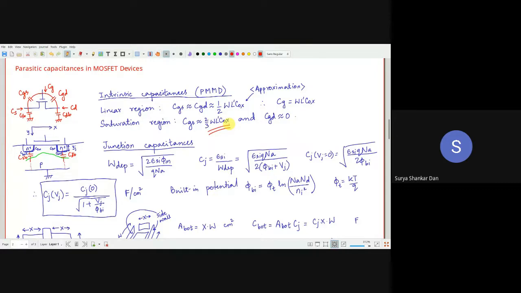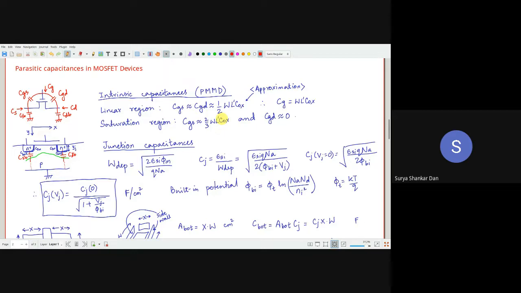You have to do a lot of derivation and find out the charges, which is clearly beyond the scope of this course. However, these were done in detail in the PMMD lectures. If you have forgotten, or if you are embedded system students who have not understood why the intrinsic capacitances are like this, I strongly recommend that you go through the PMMD lectures and learn this, because these are patent questions in interviews.